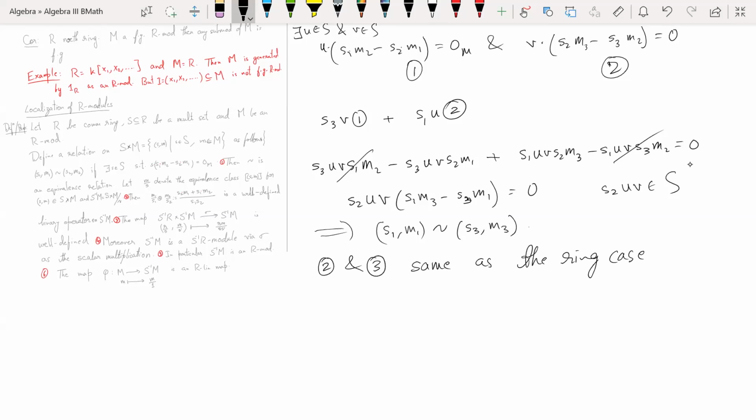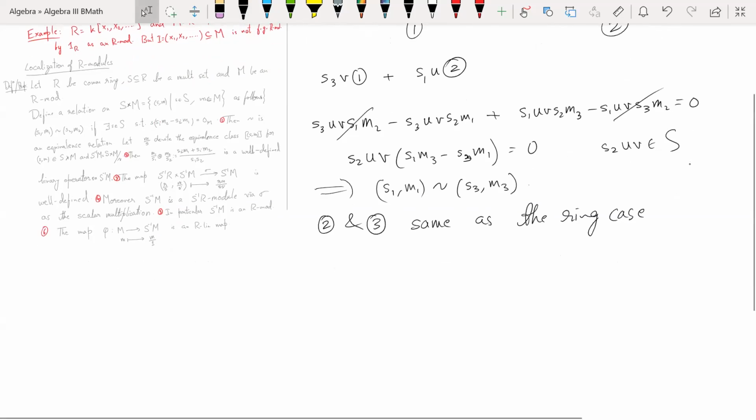M1, M2 replaced by R1, R2, and in the second one M replaced by R prime. You'll get the same proof. So maybe I'll skip this one. Maybe we'll just check that S inverse M is indeed an S inverse R module via this scalar multiplication sigma, and then 5 and 6 also. I already said why it is true, so maybe write it down also.